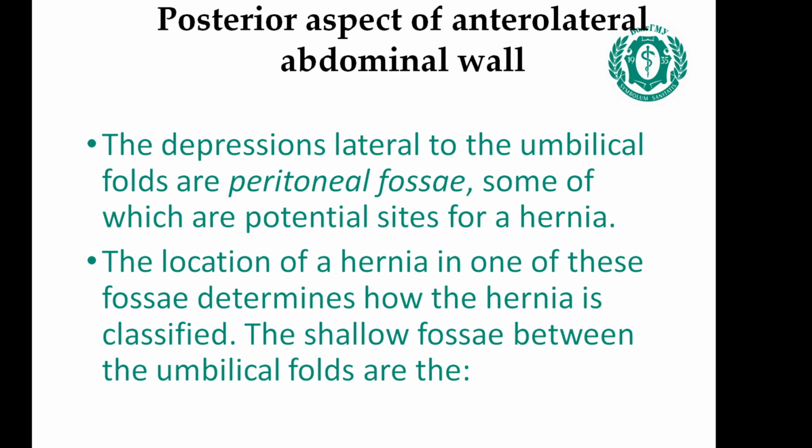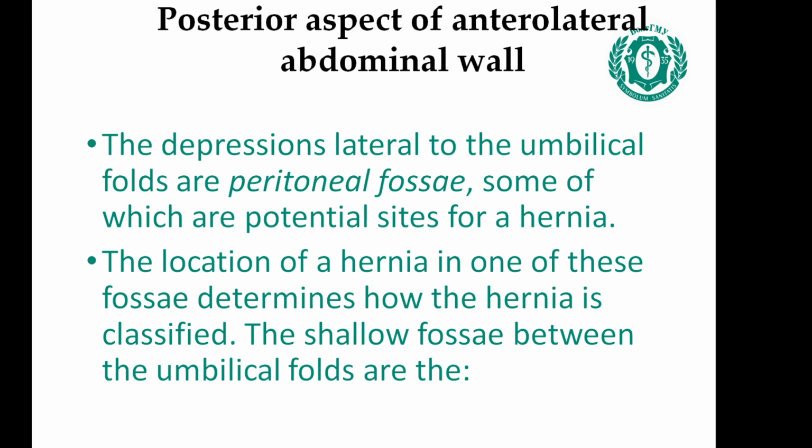The depressions lateral to the umbilical folds are peritoneal fossae, some of which are potential sites of a hernia. The location of a hernia in one of these fossae determines how the hernia is classified.